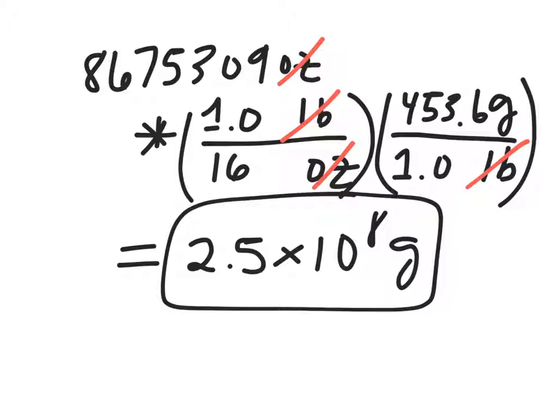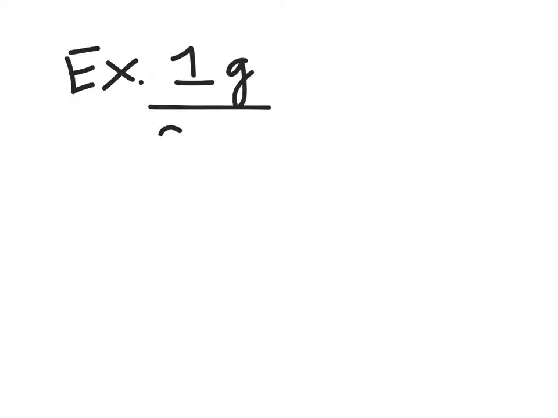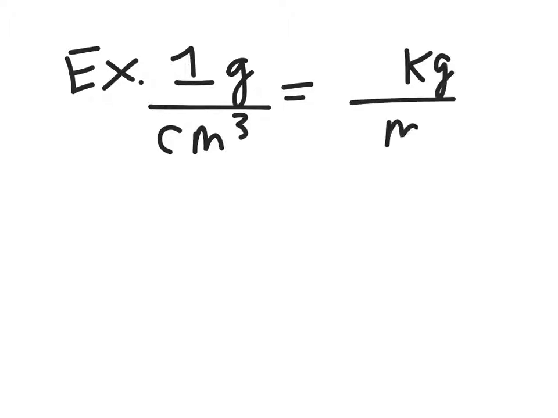And in our last example for this video, sometimes you have to use the same conversion factor multiple times. So let's take a look at an example here. Let's say I have 1 gram per centimeter cubed, and I want to know what's that in units of kilograms per meter cubed.